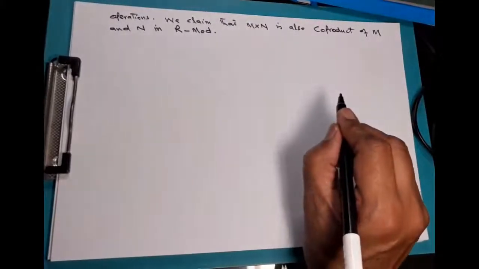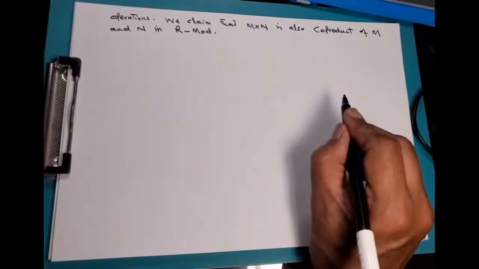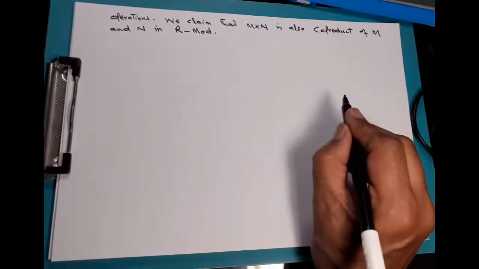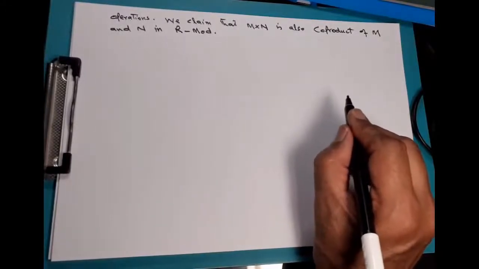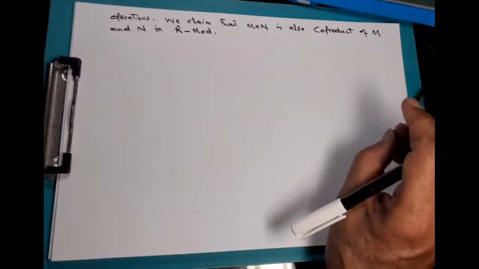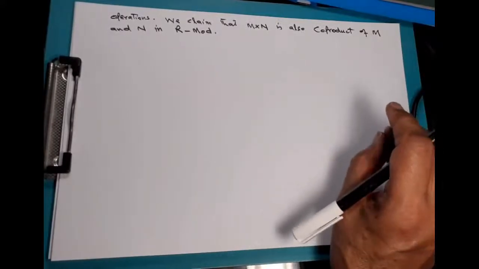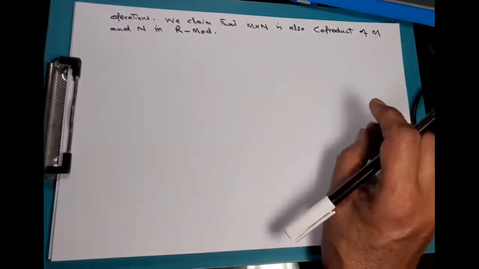So this is what we claim. However, when we discuss M cross N as co-product, the symbol we use is M plus N instead of M cross N.